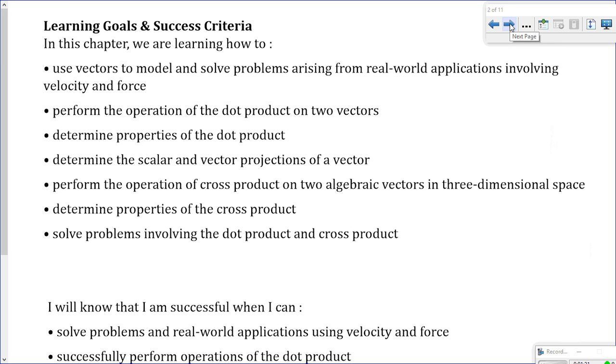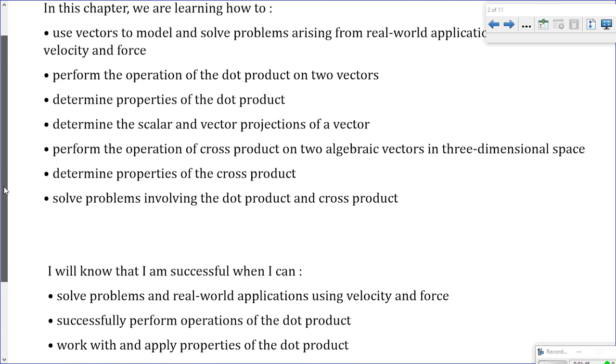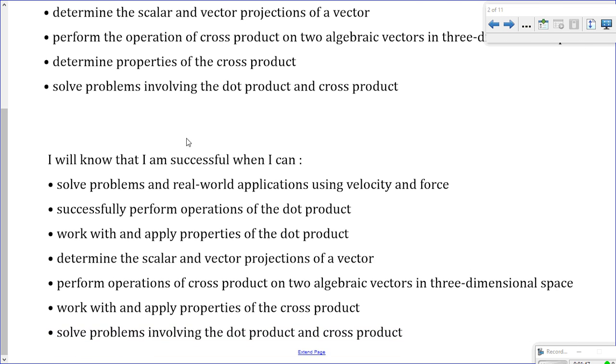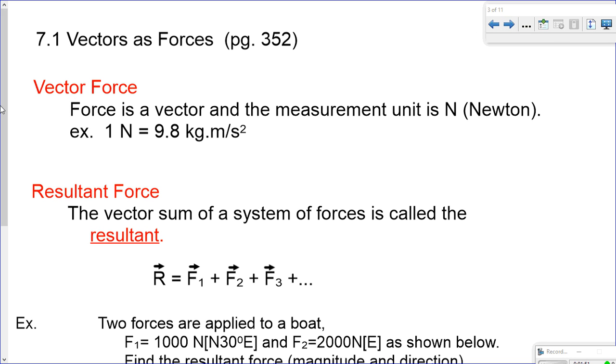Okay, so our learning goals and success criteria follow here: some application questions, operations of dot products and scalar vector projections that we're going to talk about, and we're going to learn how to do all of these and set some groundwork for the remainder of the course.